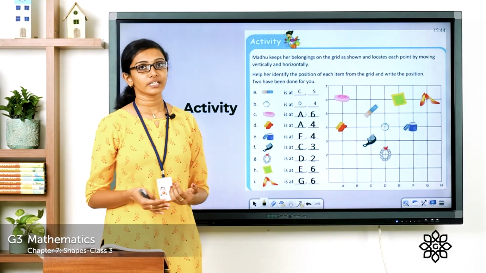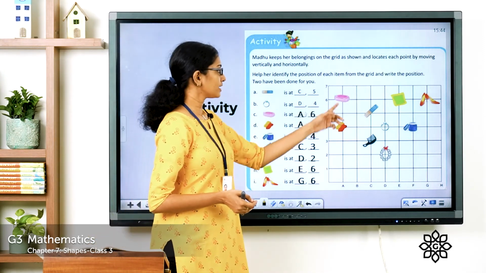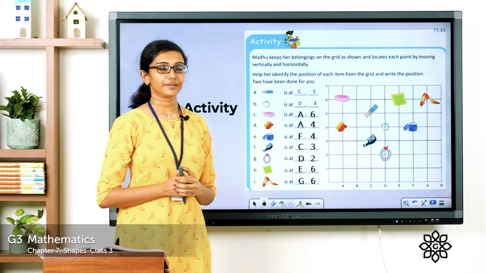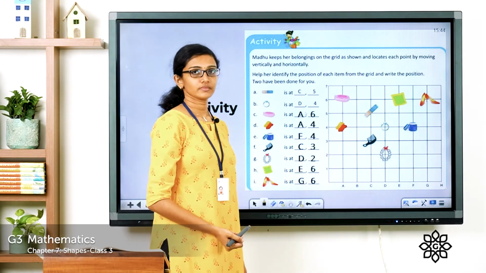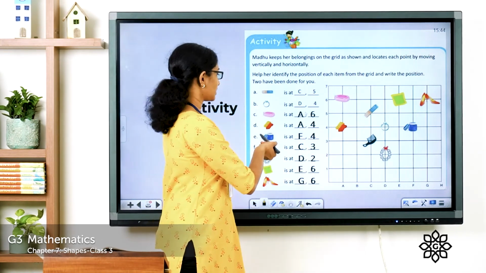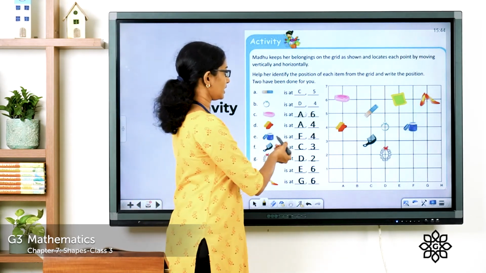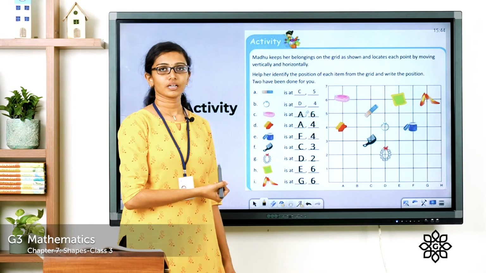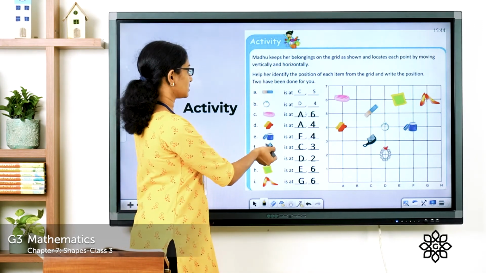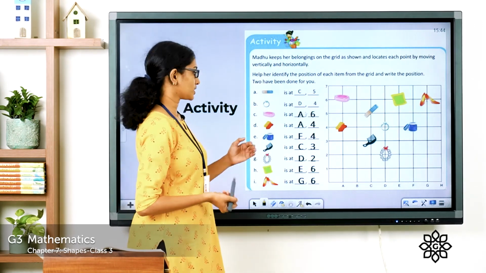Question C we have already discussed. C is at A6 and D. D is at A4. Did you get it correct? Now E. E is at F4. Clear? And question F, which is a comb.